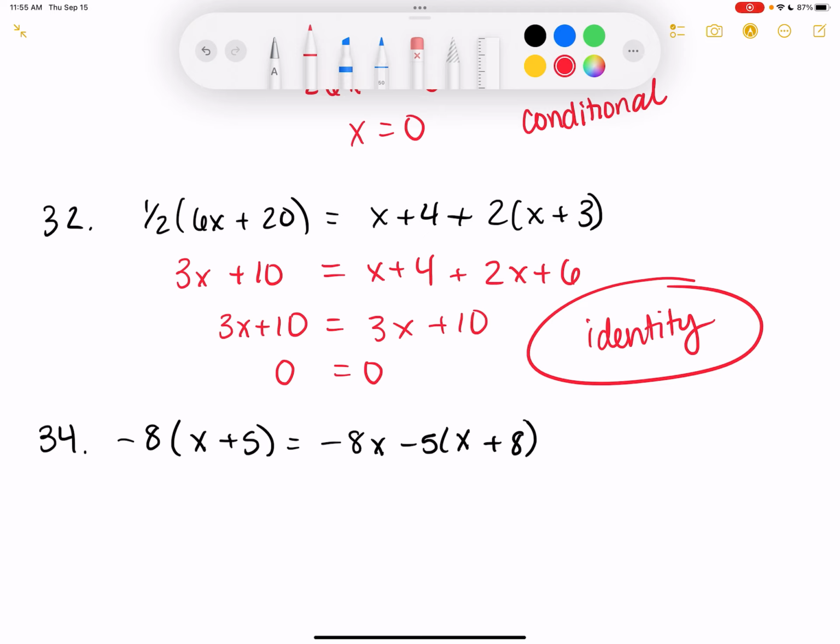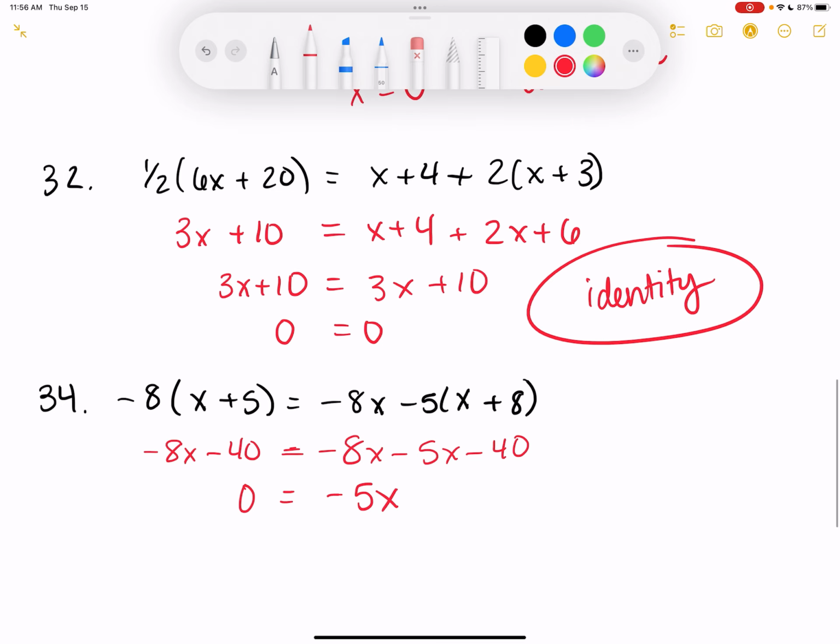I don't know. -8x minus 40 equals -8x minus 5x minus 40. And when you move the other stuff over, it's literally just going to be -5x equals 0. Which means what? x equals what?